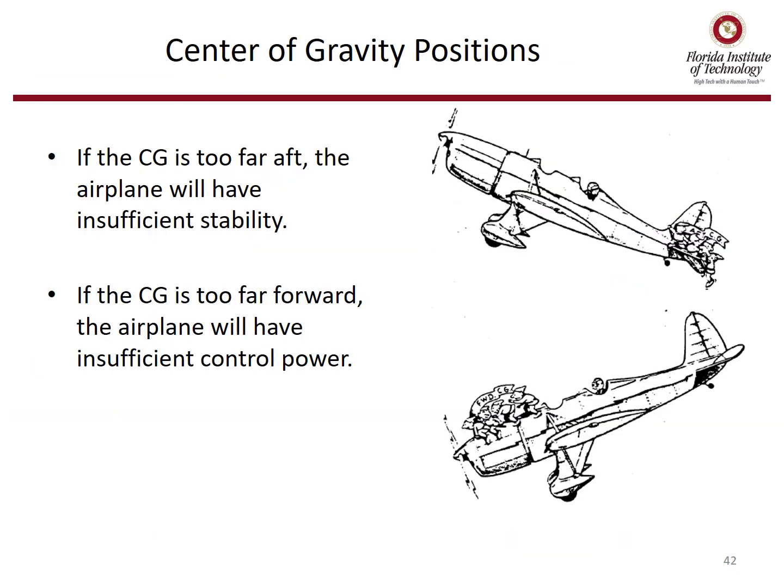So center of gravity positions can be summarized like this. If the CG is too far aft, the airplane will have insufficient stability. It'll be unstable. If the CG is too far forward, the airplane will have insufficient control power. So we have to trade off control and stability, and we use the CG location as our envelope.